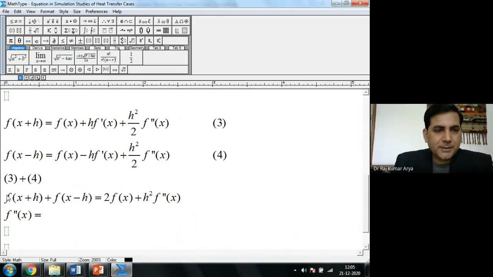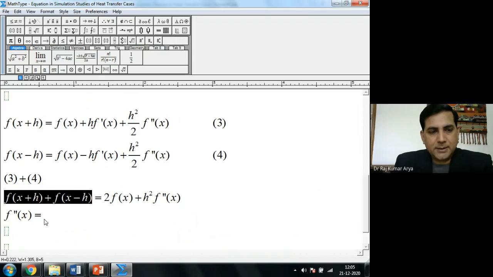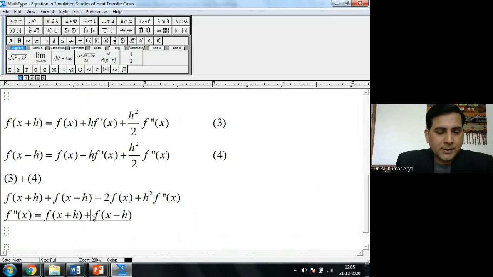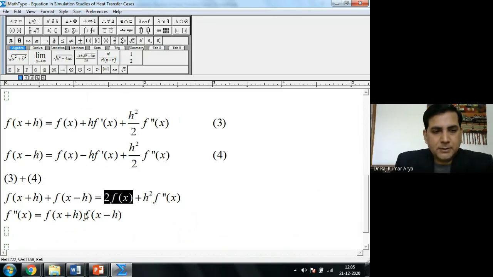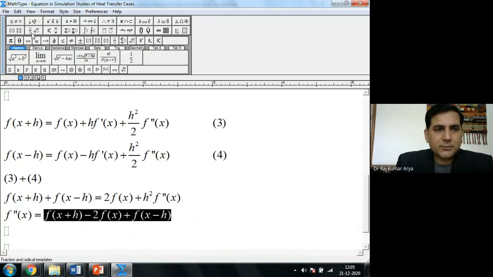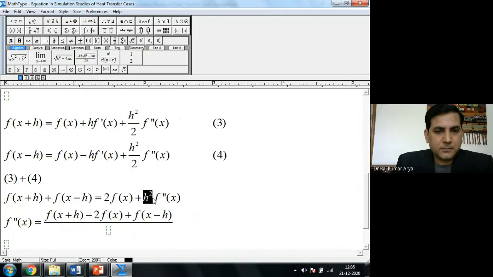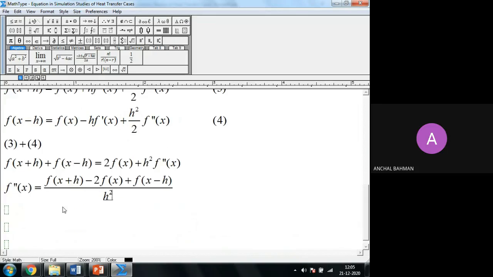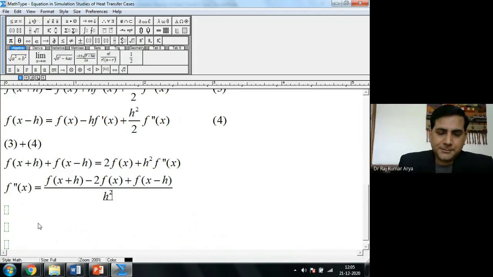The second derivative would be this particular thing minus this, divided by h square. Correct? Yes, sir. This is your expression for the second derivative, the central difference formula for the second derivative.